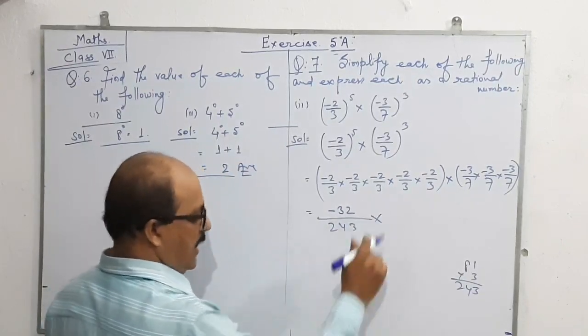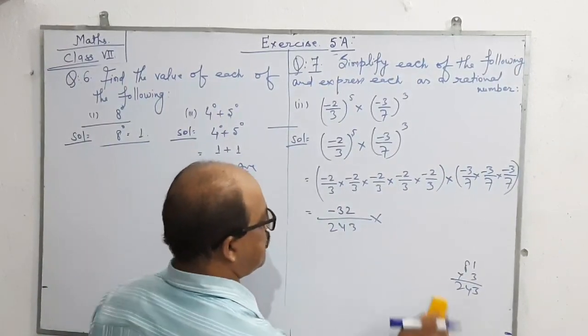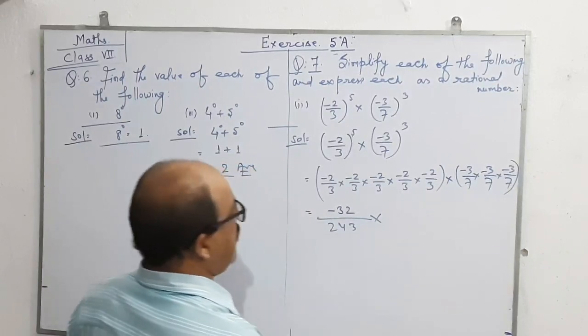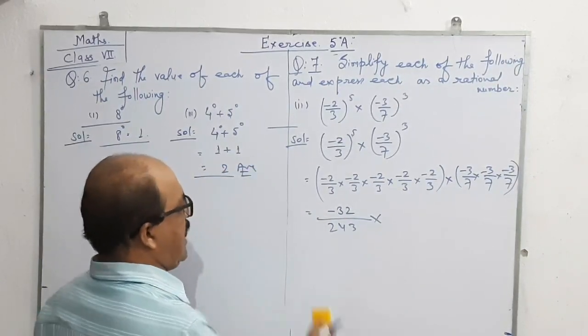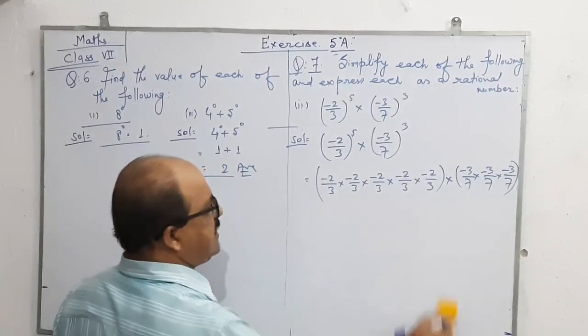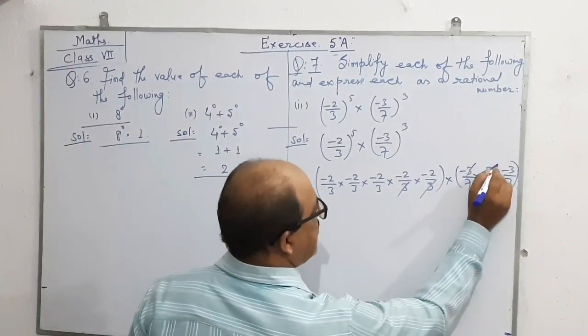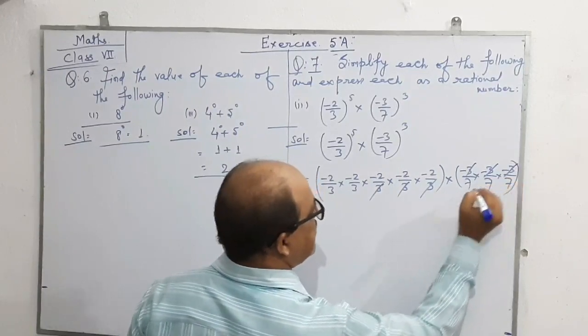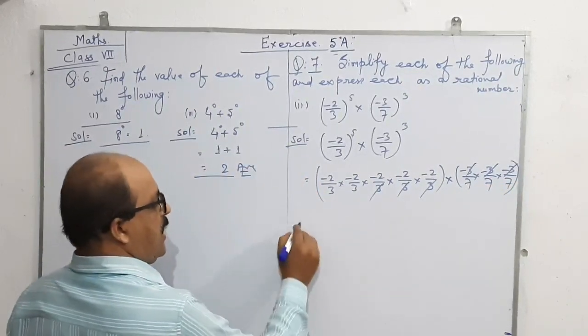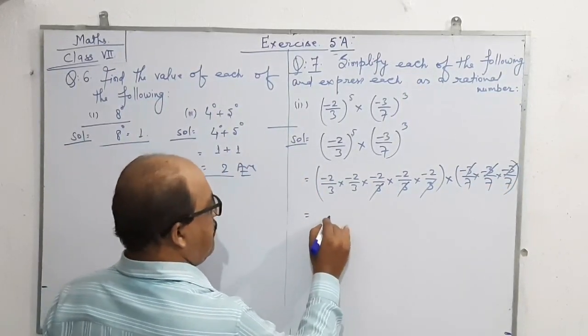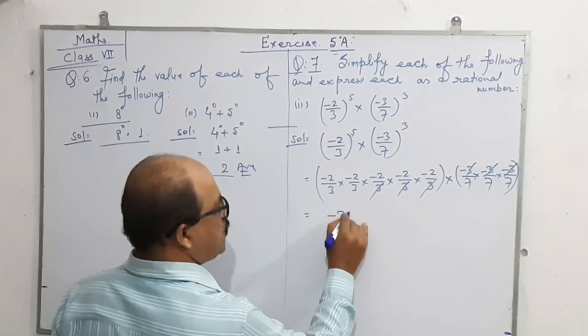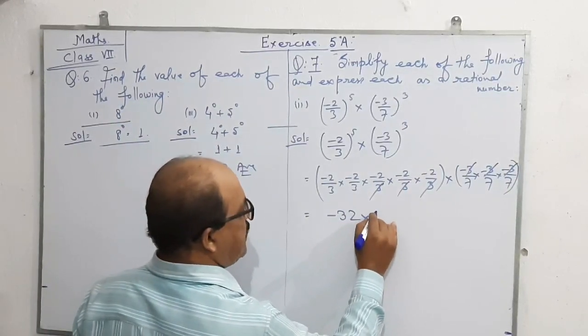And again, I have made a mistake here. 3 will be cancelled by 3, 3 will be cancelled by 3 and 3 will be cancelled by 3. So it will be minus 32 into minus 1.